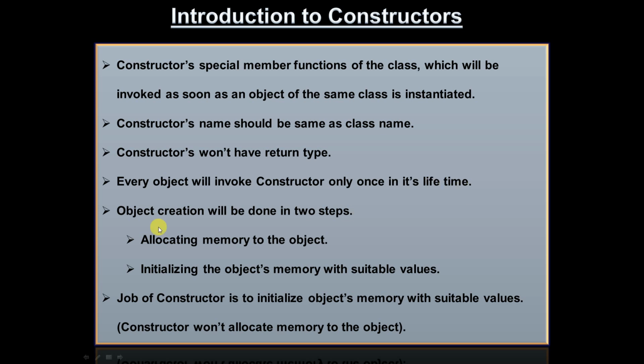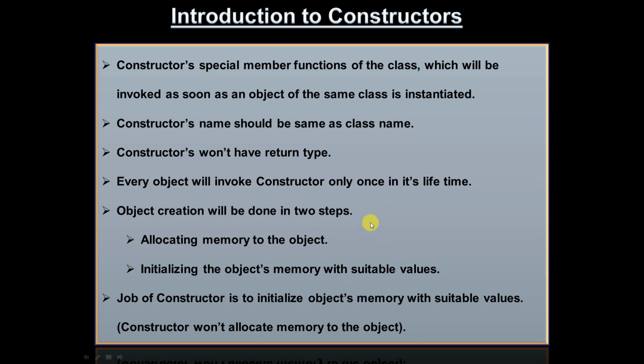Now, object creation is done in two steps. The first is allocating memory to the object, and the second is initializing that object's memory with suitable values. Whenever we write a class name followed by an object, in that line itself you will have two steps. One is allocating memory: how much memory has to be allocated for the object, and whether it is in the stack, the heap or the data segment, will be taken care of in the first step.